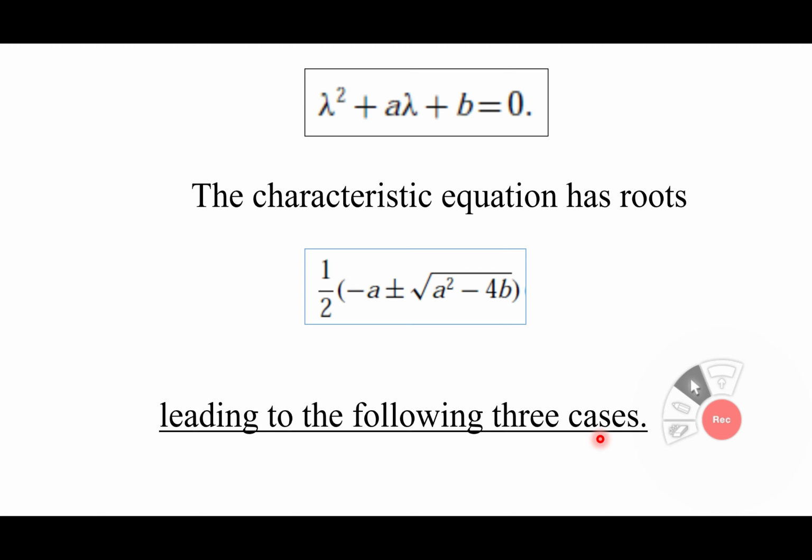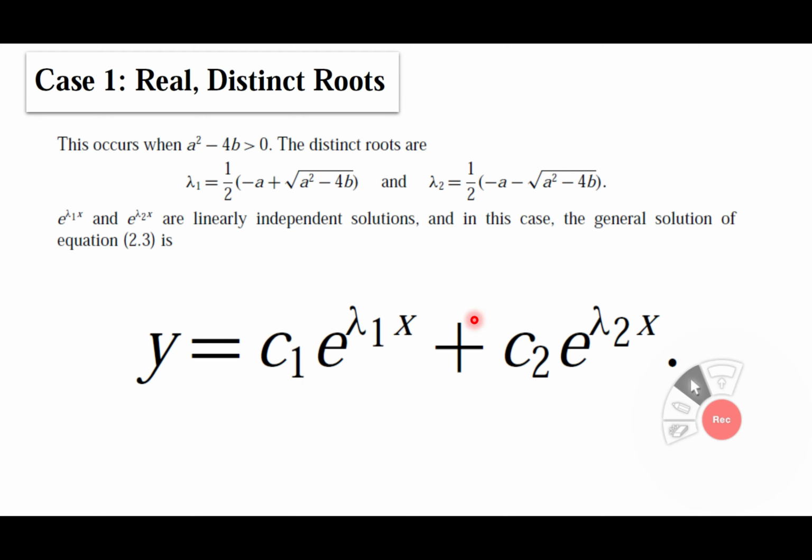The first one, case number 1, we call the roots in this case real distinct roots. Why is it real? Because it is not imaginary. Distinct because they are not repeated. They are different.